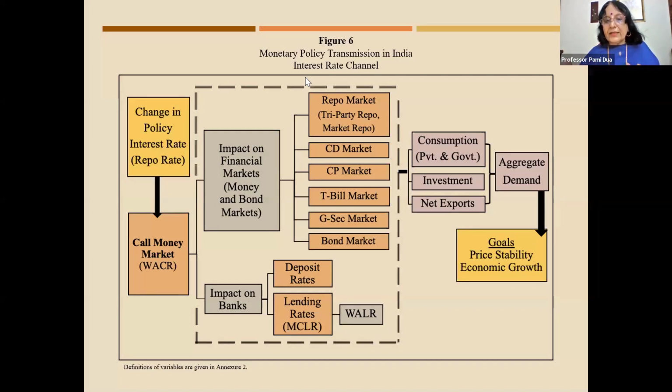If there are outstanding loans, then the interest rate is already tied into that loan. So there will not be so much impact on loans which have already got fixed interest rates on them. So the weighted average lending rate on fresh loans can be responsive to the change in the policy rate.